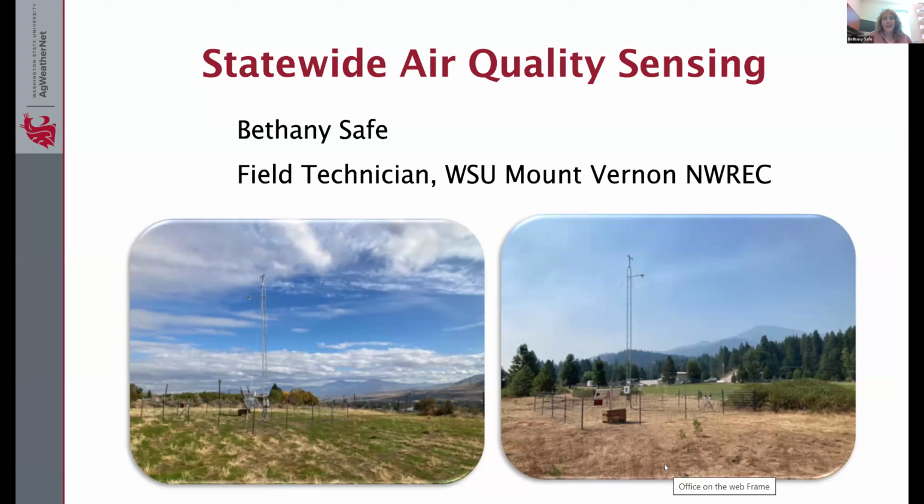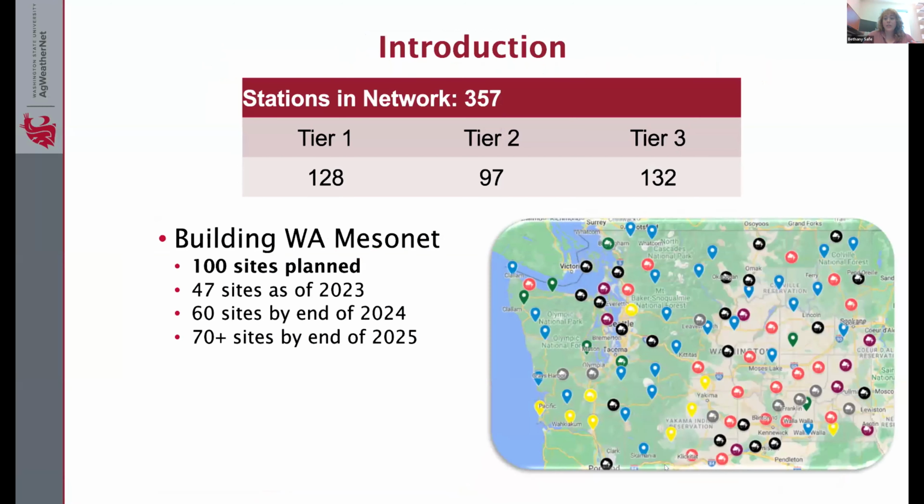Well, hello, my name is Bethany Safe, and I am a field technician for AgWeatherNet based out of the Research and Extension Center in Mount Vernon. Just to give a little bit of a background on the scope of our network, we currently have 357 stations. Of those, 128 consist of our Tier 1 network, and 48 of those are our Mesonet towers.